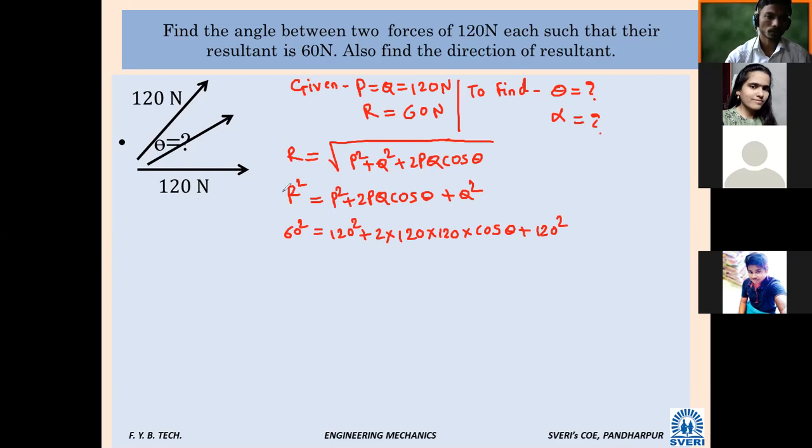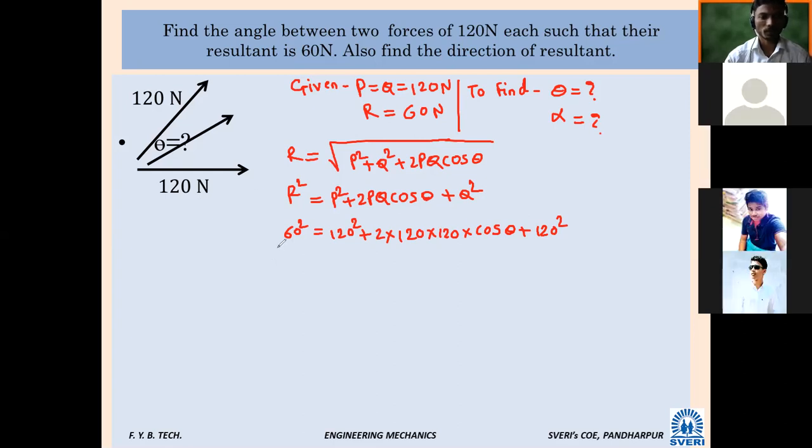So I will take the term 2 into 120 into 120 cos theta to one side.